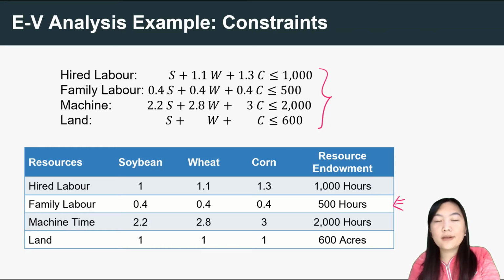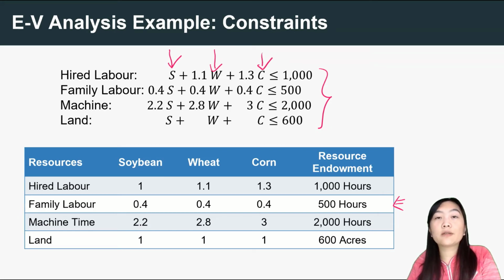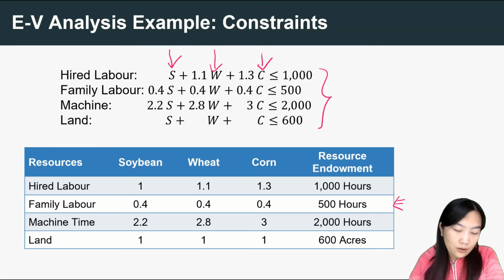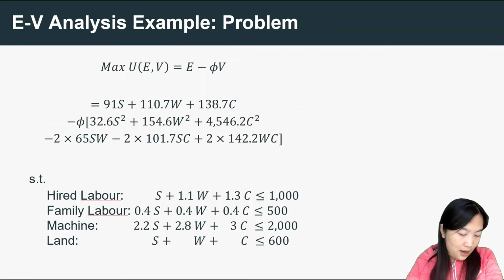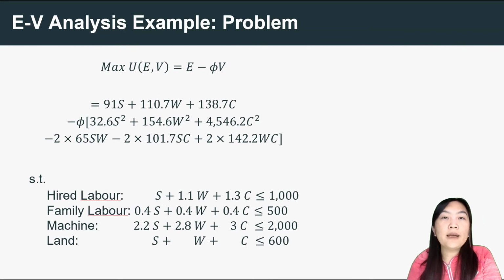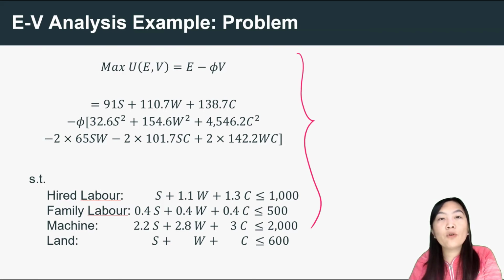I gave you this table. Since we have already defined the three activities or decision variables as S, W and C, you can convert this table into the mathematical expressions of those constraints. And if you combine the objective function with the constraints, then we have the full quadratic programming problem here.